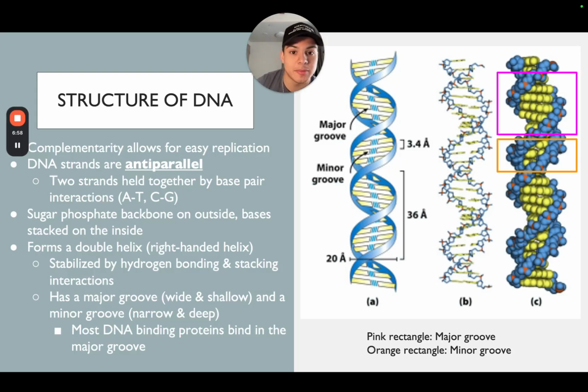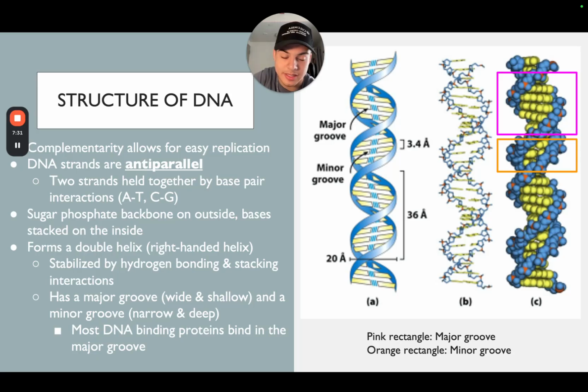The sugar phosphate backbones are on the outside, and the bases are stacked on the inside. This is important because obviously the bases would not be on the outside, or else how would they form those hydrogen bonds? It'd be very difficult and almost impossible. Then it forms a double helix, as you guys know, usually found in the right-handed helix state, and again, it's stabilized by hydrogen bonds.